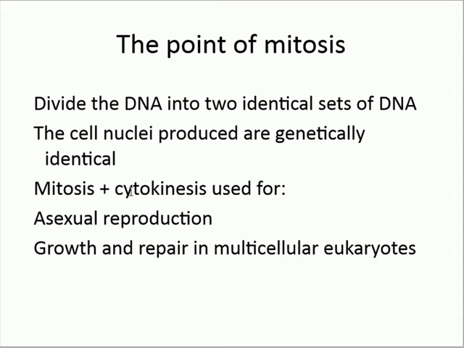Mitosis plus cytoplasmic division or cytokinesis is used for 2 possible things. One is asexual reproduction, which may not sound like a whole lot of fun, but it's part of the life cycle of many organisms, including many animals. The other thing that mitosis can do is provide cells for growth and repair. And this is obviously important for organisms such as us, who are made up of many, many different cells.